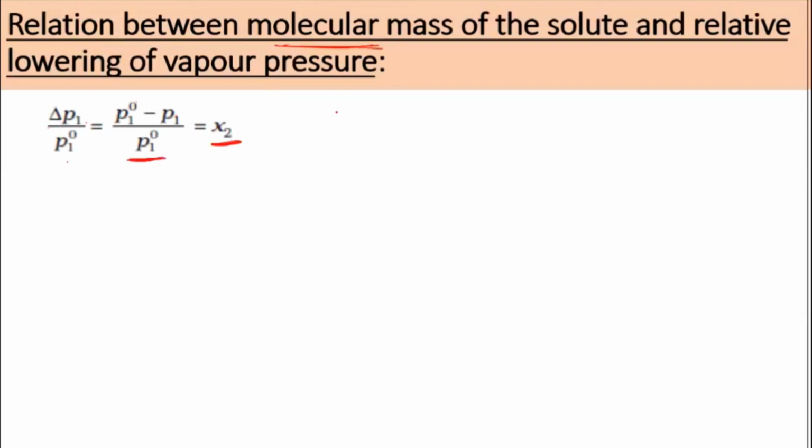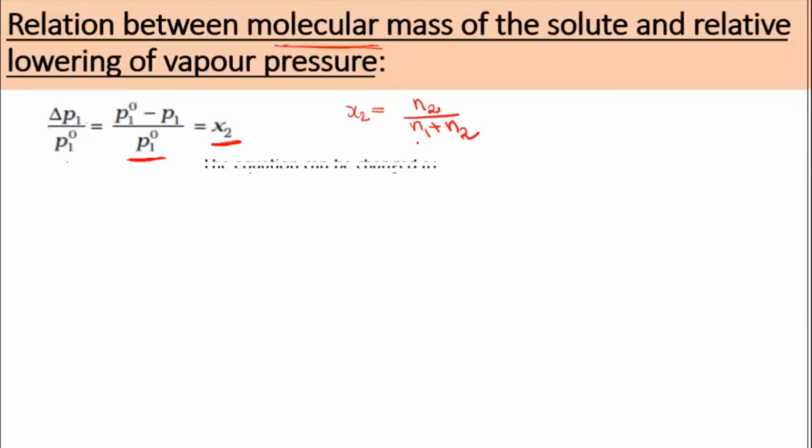You know what the mole fraction of the solute is equal to, right? X2 I can write as the number of moles of the second component divided by the total number of moles of all the components. Now here we have only two components, that is 1 and 2. So I can write this as N1 plus N2. So I can remove this mole fraction x2 and substitute in this way: N2 divided by N1 plus N2.